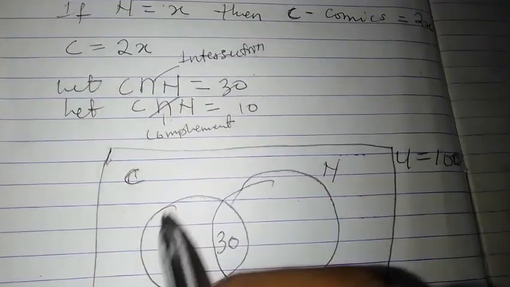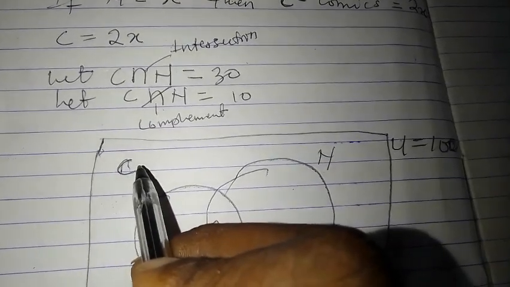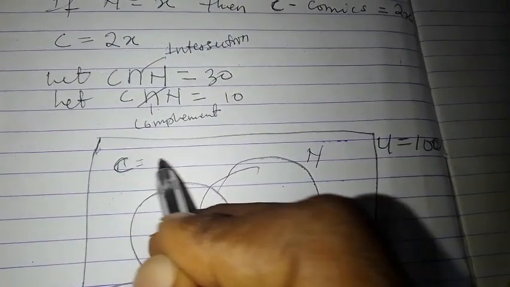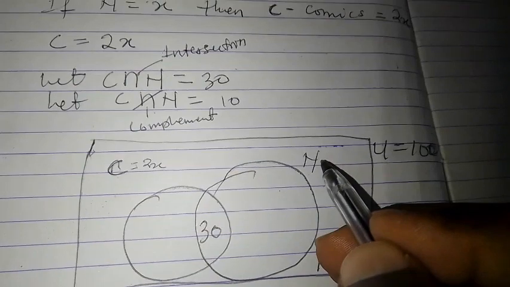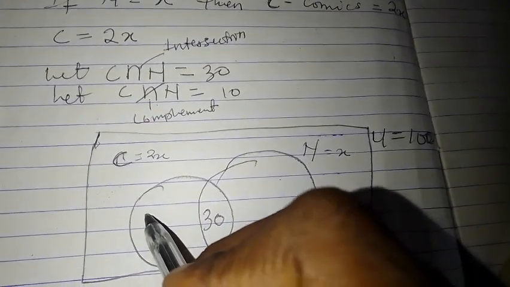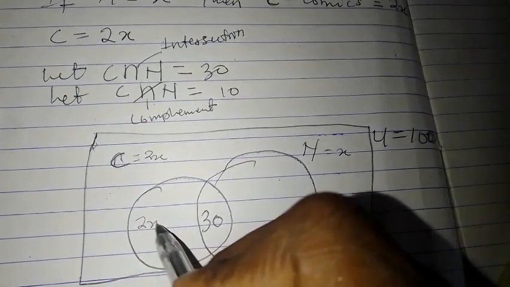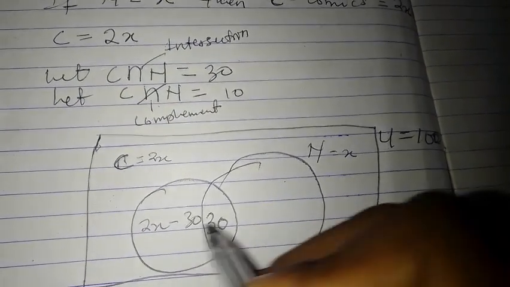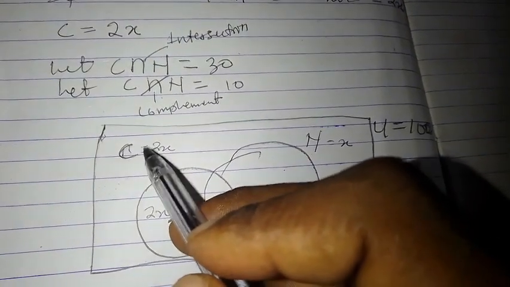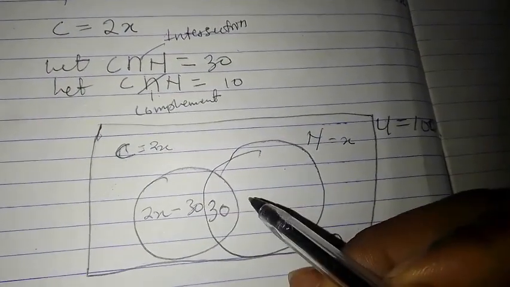So now, as we knew, it was 2x. So we can say this one is equal to 2x, and this one is equal to x. So this is what we do: 2x minus 30. So minus the intersection, because normally the number given here is greater than the intersection.